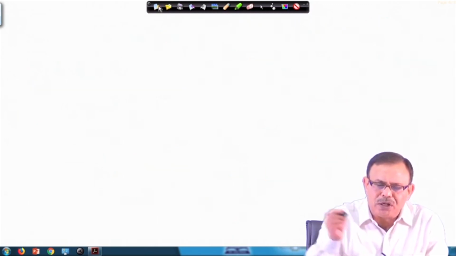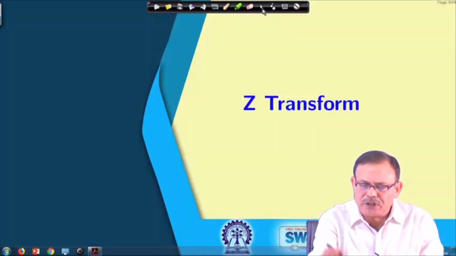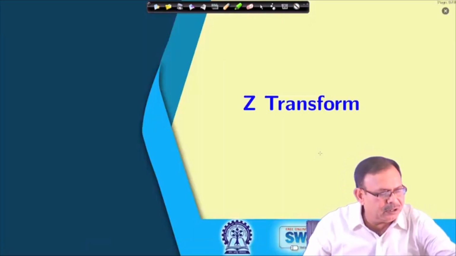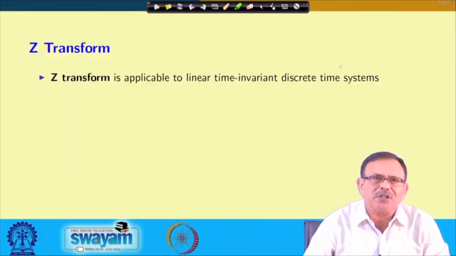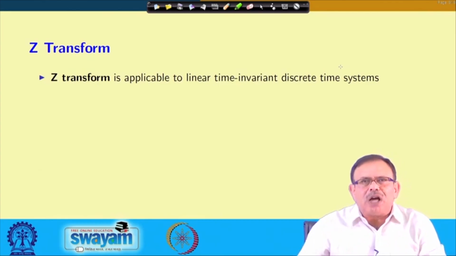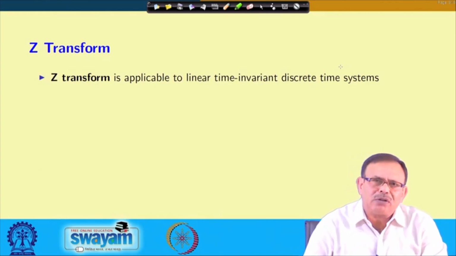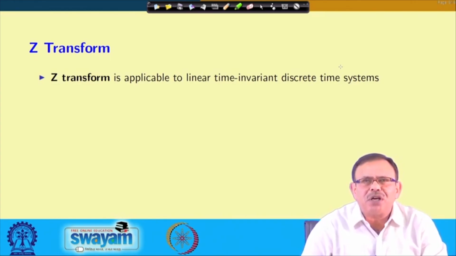Now, let us come to the last topic, that is the Z transform. This Z transform has unique identification. Z transform is applicable to linear time invariant discrete time systems. That is, in the time series, whenever you are talking about the time system and which takes discrete values, not continuous values.